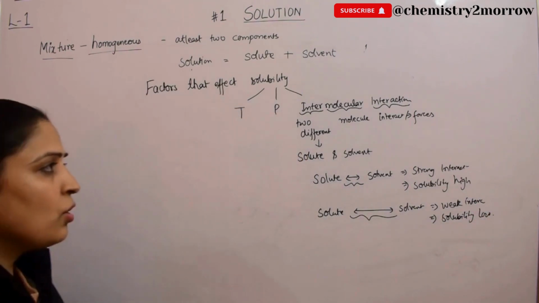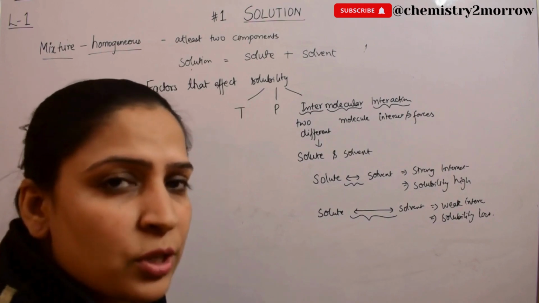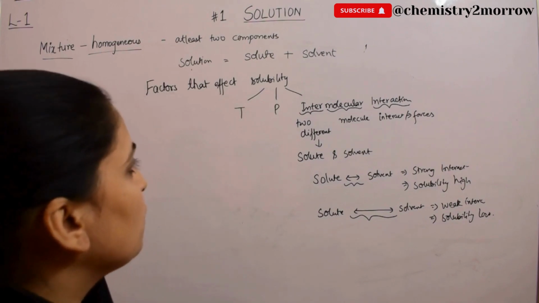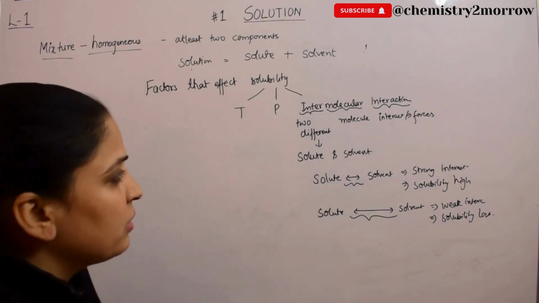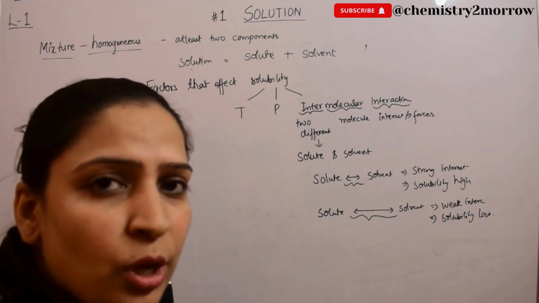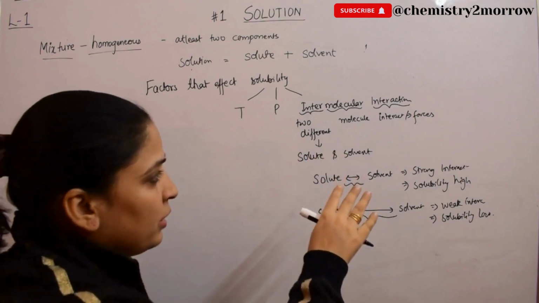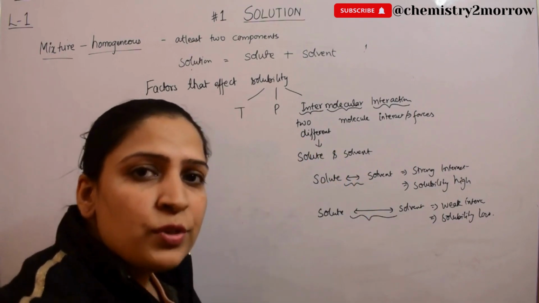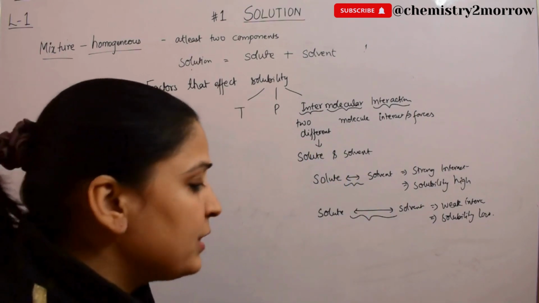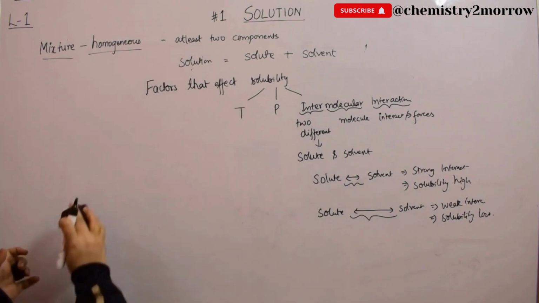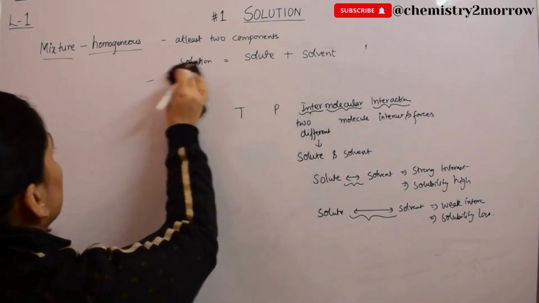This will come across for each solution we are going to study. Let us see the kind of solution. So these are the basic factors in whatever solution we are talking about. So we will specify the role of every factor depending on what solutions we are going to study now. So let us see the classification or types of solutions.